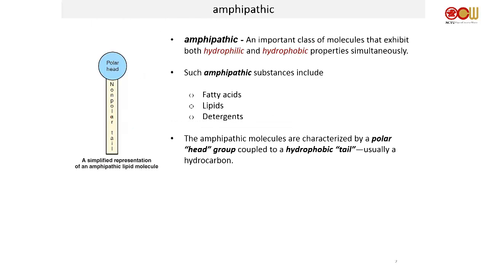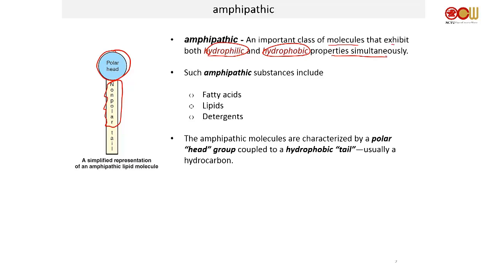Very quickly, amphipathic materials, those are molecules that have, generally speaking, a polar characteristic and, in addition, a nonpolar characteristic, such as fatty acids. Okay? So amphipathic, it's an important class of molecules that exhibit both hydrophilic and hydrophobic properties simultaneously.